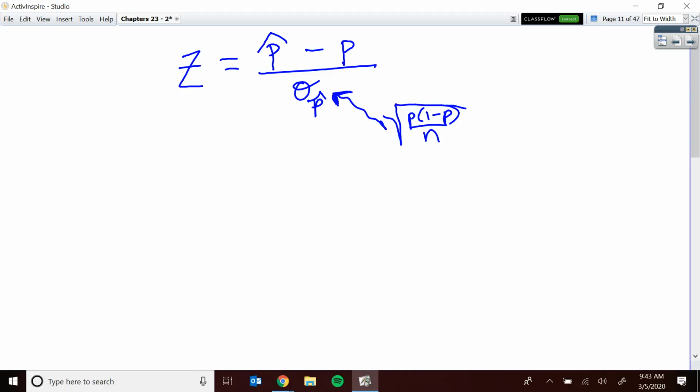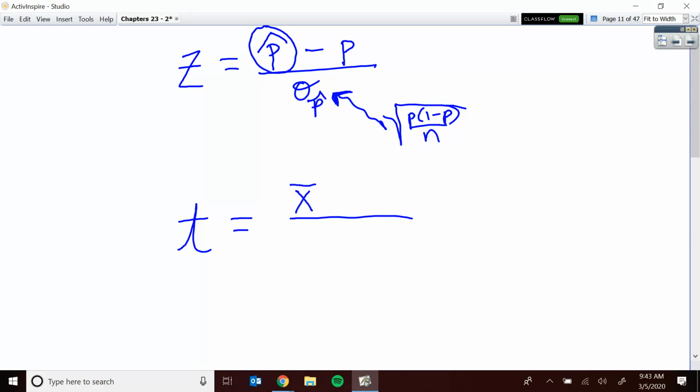So I want to parallel this to what we do for our test statistic for means. So here we go. What do you think the test statistic will be? Not a z-score, but a t-score. Correct. So t equals, all right, let's figure it out. What would be equivalent to a p hat but with means? x bar. Good job.